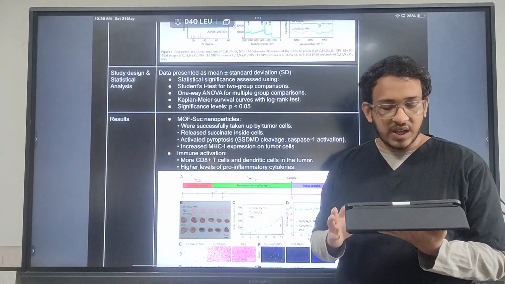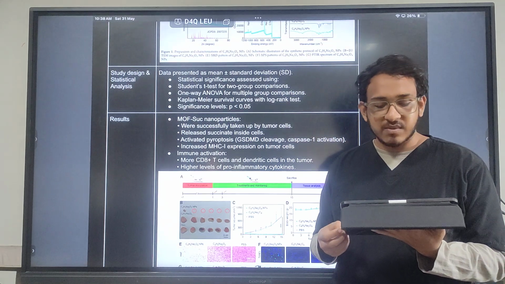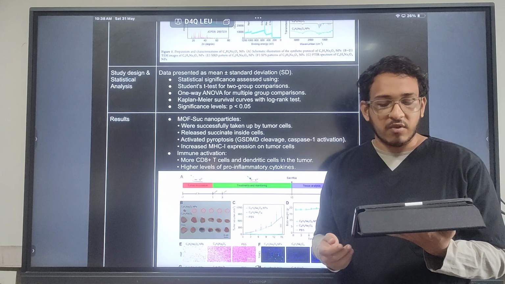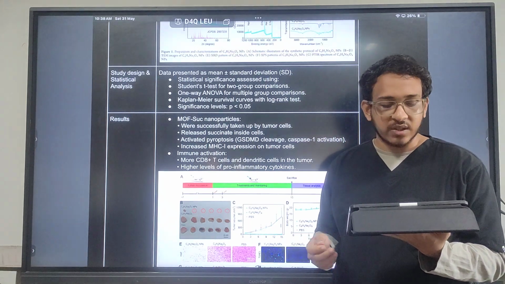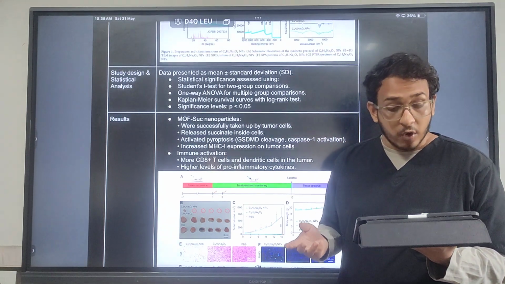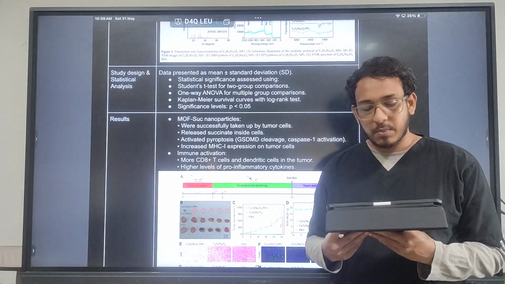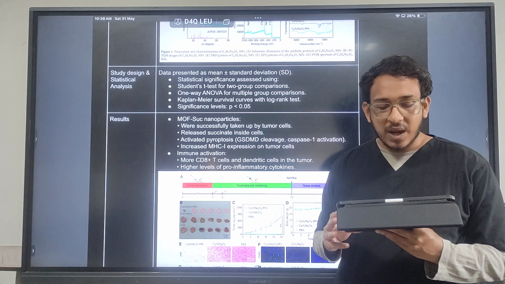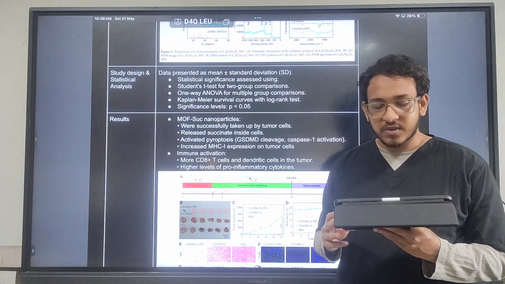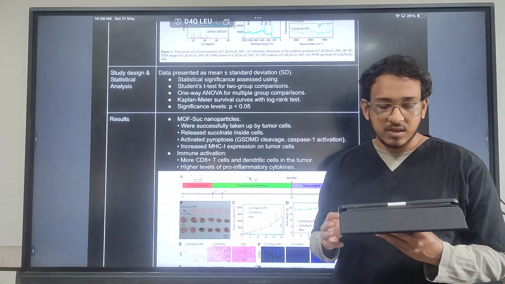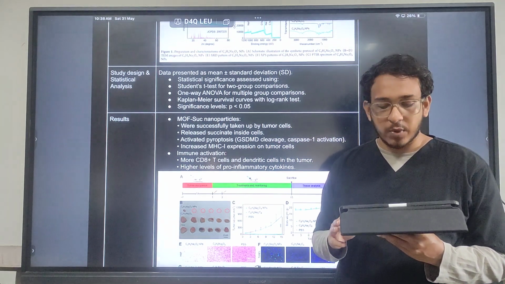In this study, the data was presented as mean and standard deviation. The statistical significance was assessed using the Student's t-test for two-group comparison, one-way ANOVA for multiple group comparison, and Kaplan-Meier survival curves with the log-rank test, and the significance was less than 0.05.